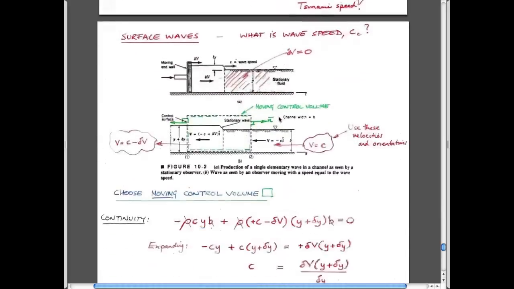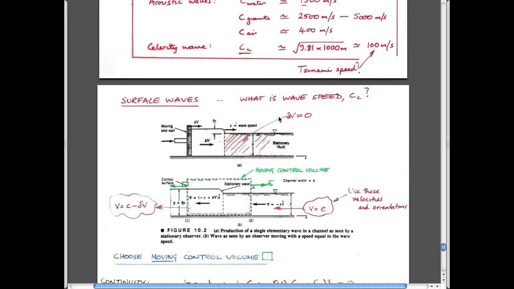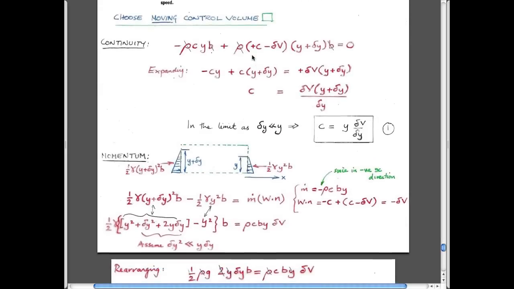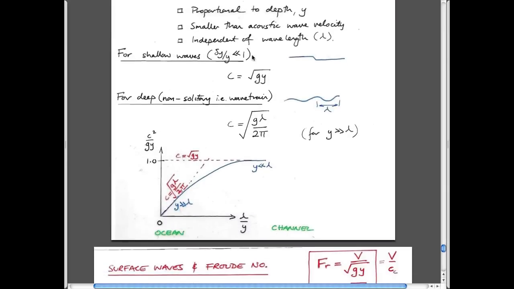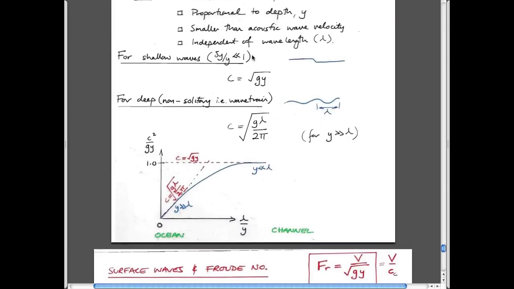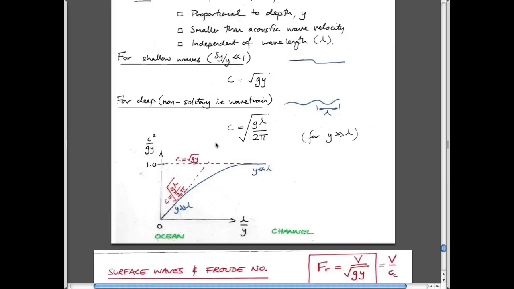So we won't go through the derivation of this, but we will note the fact that this celerity wave, as we've already written down, is typically equal to the square root of gravitational acceleration times the depth of water. We didn't derive it before. We don't really need to derive it now, but we'll just take that on trust. And it turns out that if you look at the velocity of this celerity wave, this is a plot of what the celerity wave is as a function of the depth of the channel relative to the wavelength of the wave.